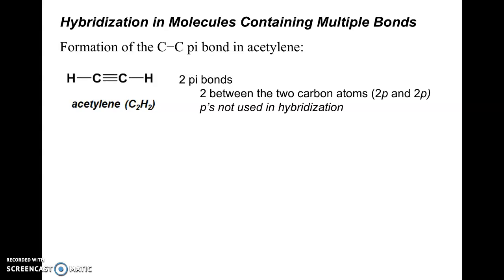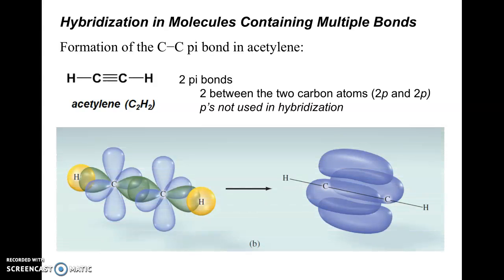And then we're going to get 2 pi bonds because we have 2 unhybridized p orbitals. Remember, the top and the bottom are 1 orbital, the in and the out are another orbital. So you get overlap of 2 p's up and down, and if you will, horizontally. You need 2 lobes for it to be a pi orbital.